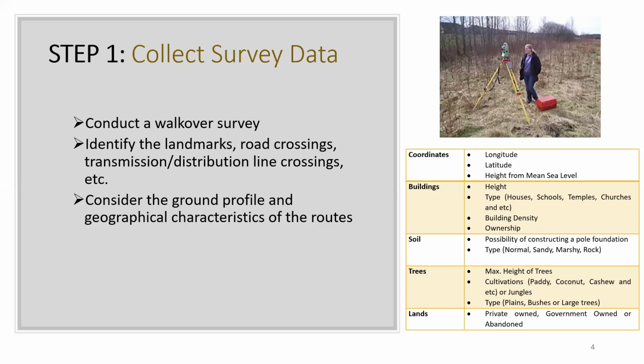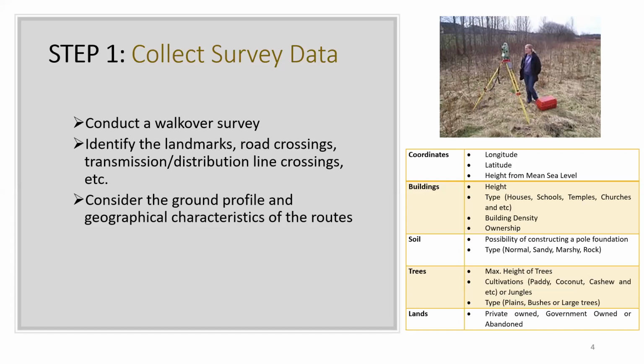You have to collect the coordinates of the route, the longitude, latitude, and altitude data, and building information along the route and nearby the route, also the soil models, and if there are any trees along the route, that will be obstacles to the transmission line, and also more importantly, the land ownership details that you are going to acquire when you are implementing the transmission line.